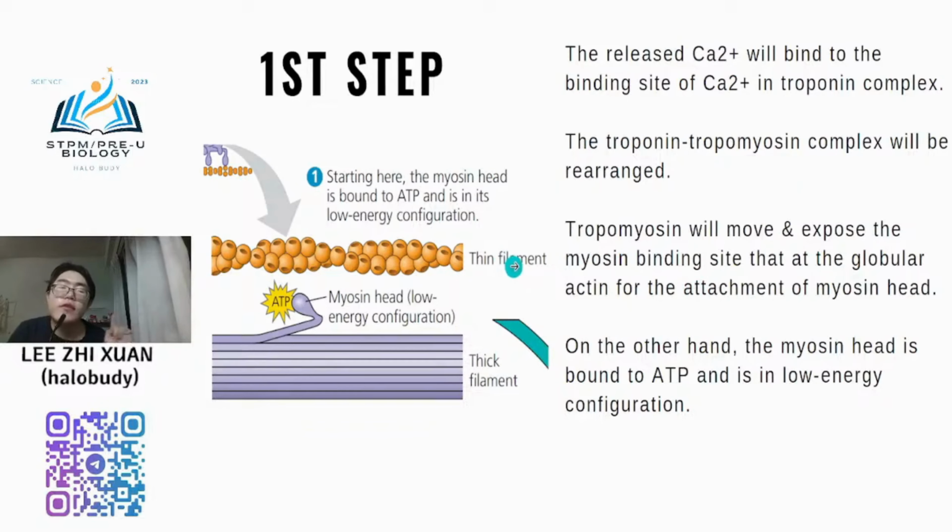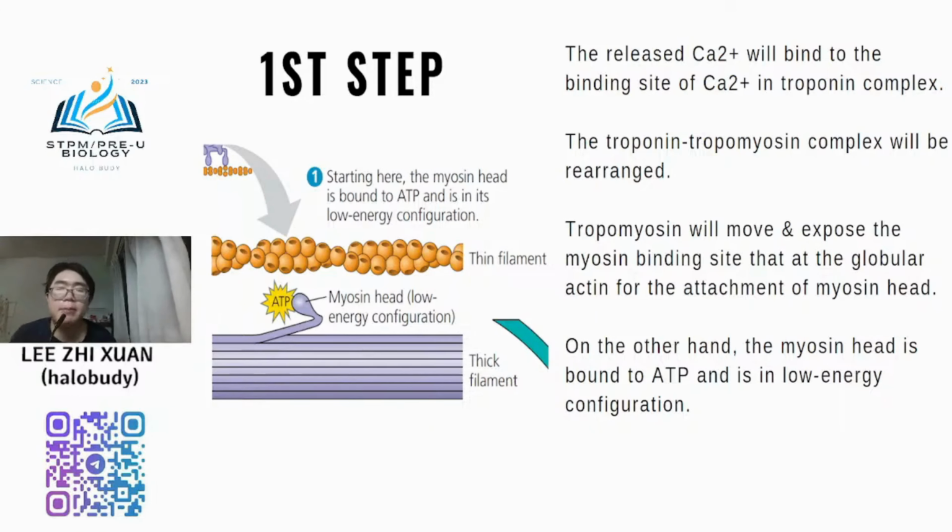So the first step is that your myosin head will start to bind ATP. You still remember that the structure of the myosin head contains two binding sites. One is the actin binding site to bind to the actin filament, and the other is the ATP binding site.